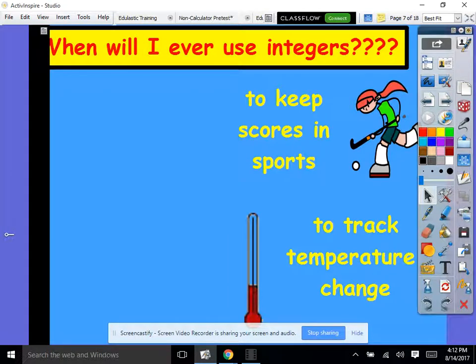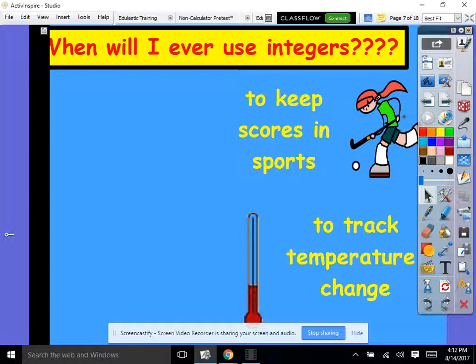Now, when will you ever use integers? Well, you use integers to keep scores in sports. Football, for example, if you lose yards, it's negative, but if you gain yards, it's positive. Can anybody think of a sport that uses negative numbers other than football, like to keep score? Think about that, and we'll talk about that tomorrow. You can use it to track temperature change.